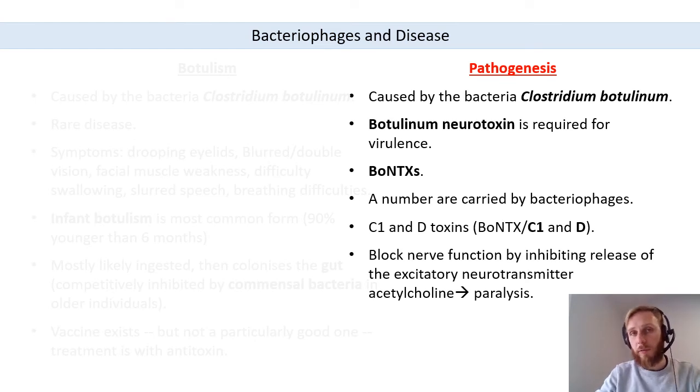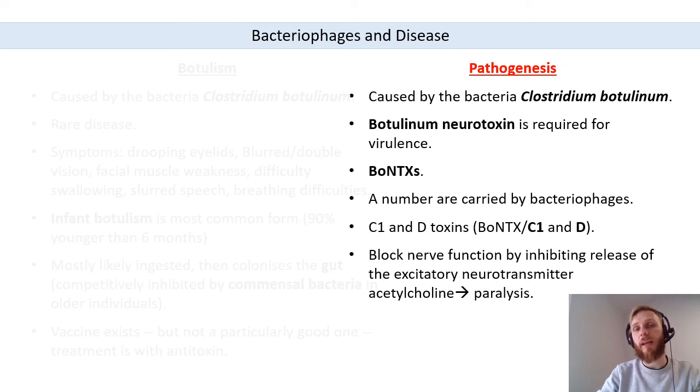Again, same principles are ringing true. So botulism is a disease state which is caused by the bacteria when the bacteria has been lysogenized by some specific bacteriophages. So botulism is a little bit more complicated than some of the other diseases we've looked at, because there's actually a range of different botulinum toxins, so a range of different toxins that can be implicated.